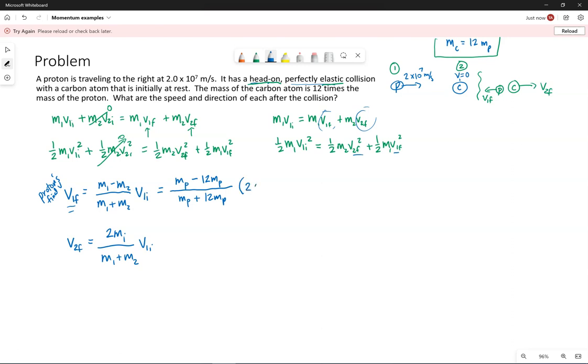And V1 initial is that 2 times 10 to the 7th meters per second. In the numerator, we get negative 11 mass of the proton. This is without the speed, so just looking at the mass portion. In the denominator, we get 13 times the mass of the proton. As I was mentioning before, the mass of the proton itself will cancel out once we have made that substitution.